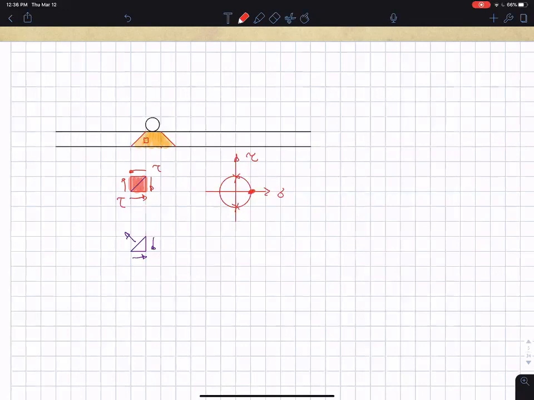This is a case of pure shear, only shear, no bending moment. And to draw the Mohr circle for that, on one face is shear and no axial stress. On the other face is shear and no axial stress. And that's the Mohr circle right here.